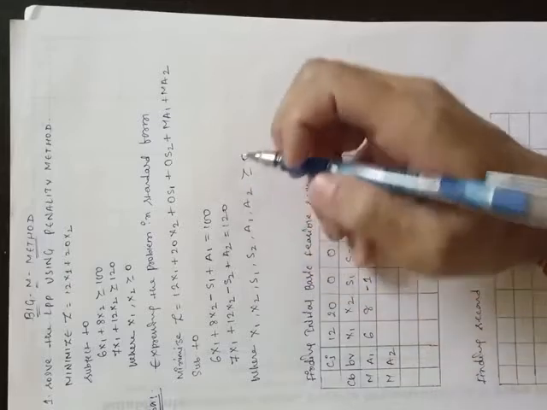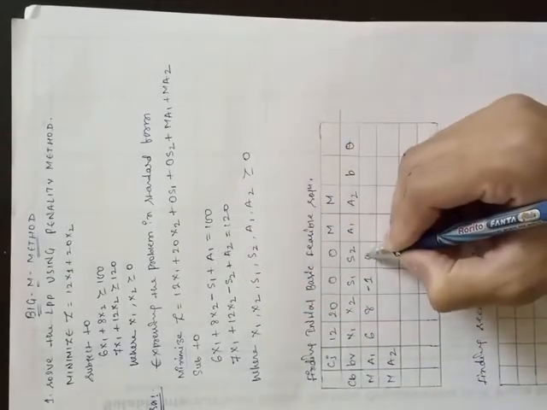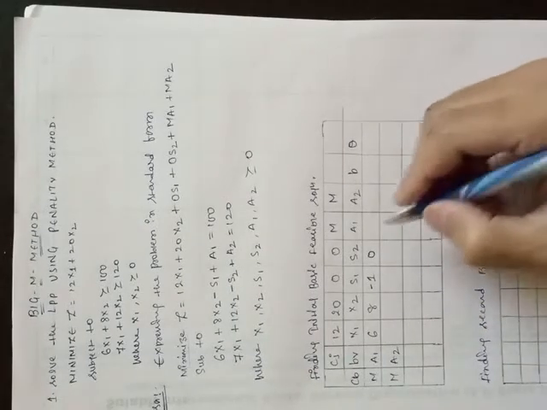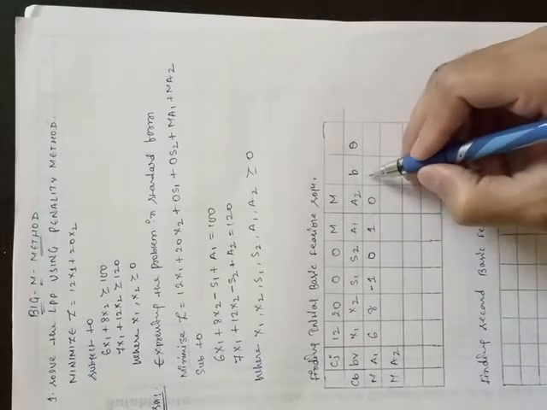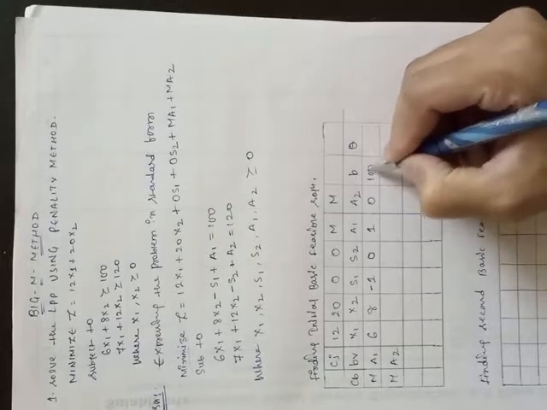There is no s2, so it is taken as 0. a1 is 1, a2 is 0, and b is the RHS, 100.